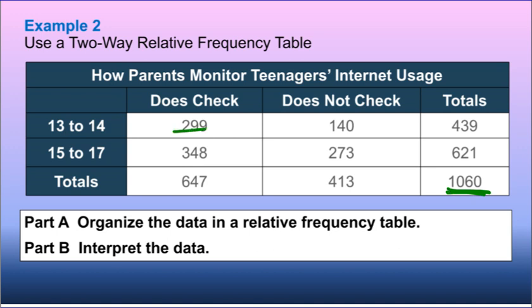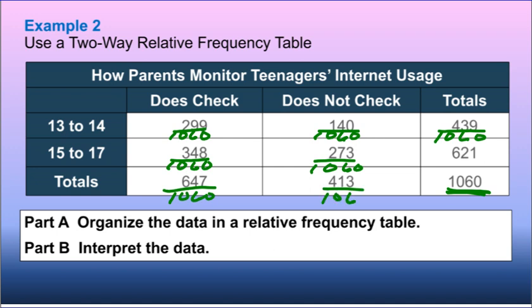So I'm going to divide this by 1060, and we're also going to do this one by 1060, and this one by 1060. And all of these, we're going to do the same thing for all of them. And this one would equal 1, which just means 100%.